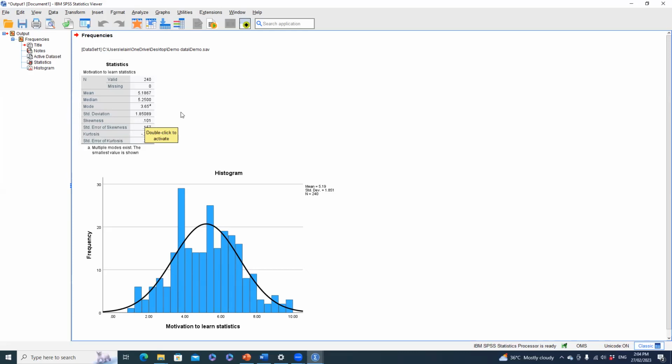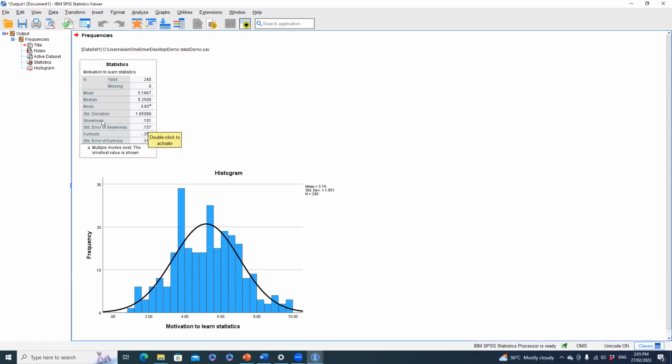That is an important point to take into account here, because when we come to doing our inferential statistics, we're going to have to report on the skewness and kurtosis of our distribution, and we actually use an index in each case to do that by dividing the statistic by its respective standard error.